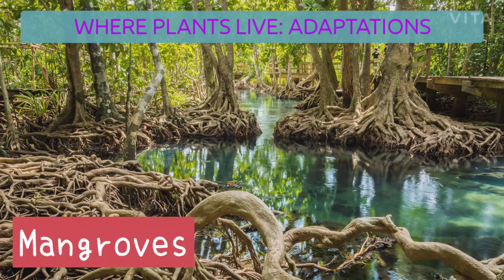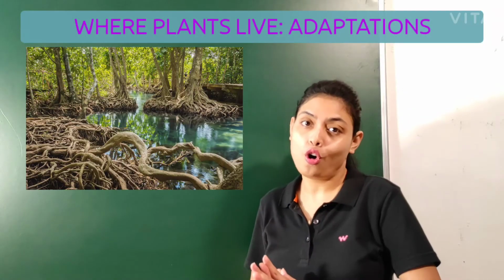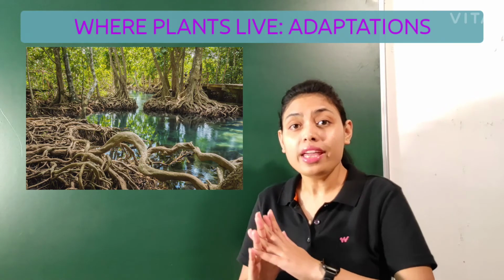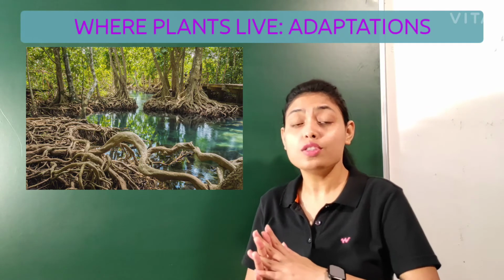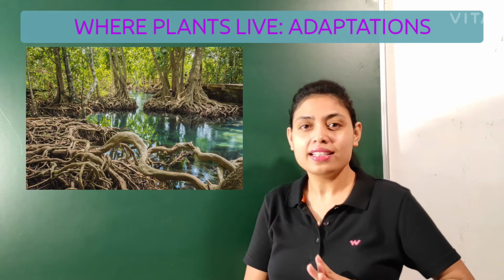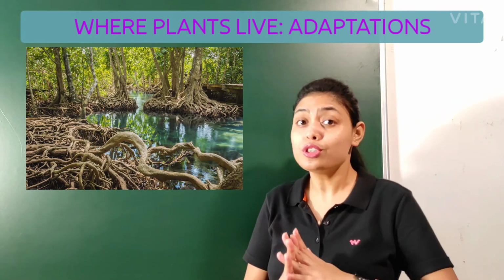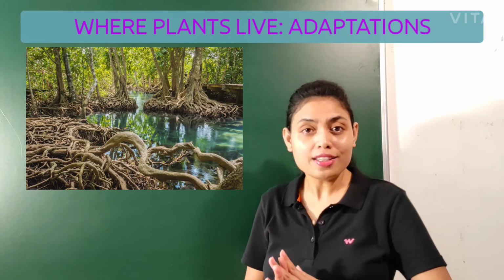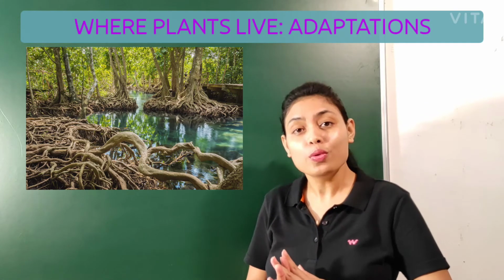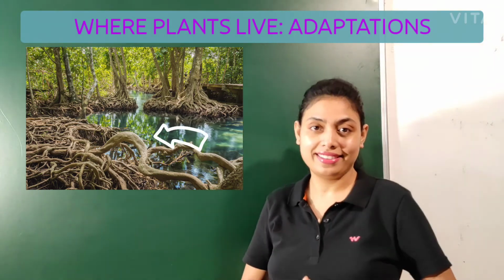For example, mangroves. Mangroves have breathing root or ground root because they grow in area which has clay soil. Clay soil is very sticky and air cannot pass through it easily. So, the roots of these plants do not get sufficient air. Just to take air, the roots grow from the soil in upward direction.